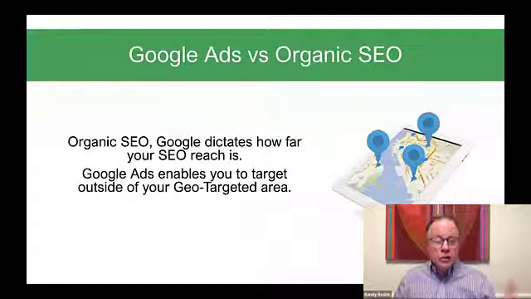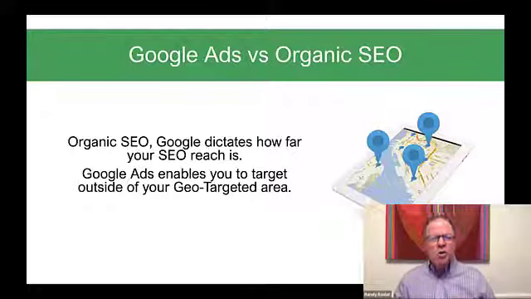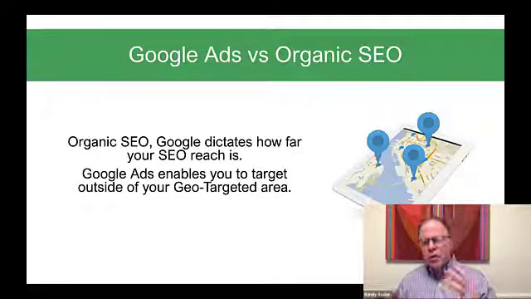So, Google Ads versus organic SEO. SEO means search engine optimization, which translates to showing up and being visible on page 1 of Google. Google dictates how far your SEO reach is and typically confines it to your hometown. So if your hometown is Edison, New Jersey, your SEO is around that area.